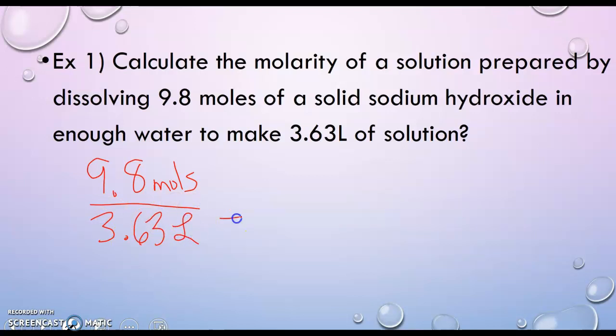When you divide those two, sig figs still play into these problems. The least amount of sig figs is 2, according to that top number. So when your calculator gives you 2.699, we're going to round that up to 2.7, and I'm just going to do a capital M for molarity. So that's as easy as it could get.